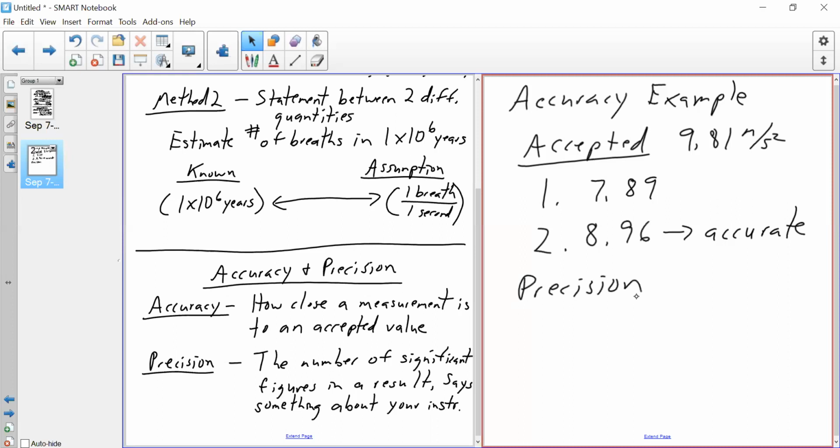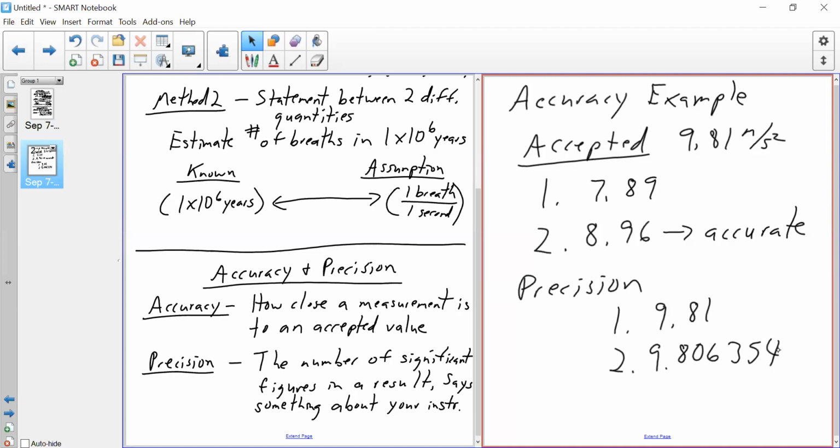Now, a precision example. We're still comparing the accepted value at the top, 9.81. Student group 1 gets 9.81, dead on accurate, and the other one gets 9.806354. Well, the first one is completely accurate.